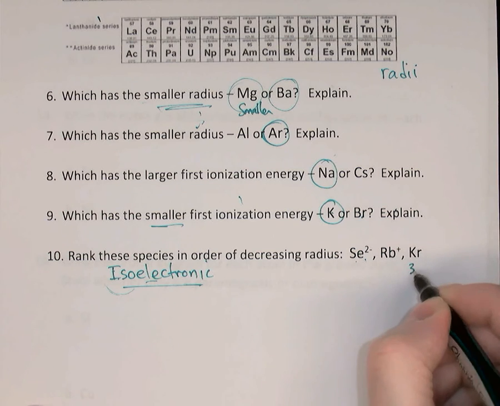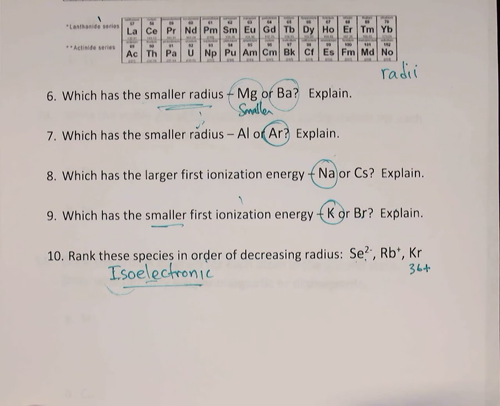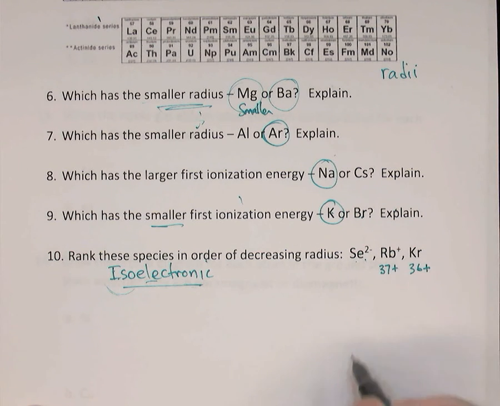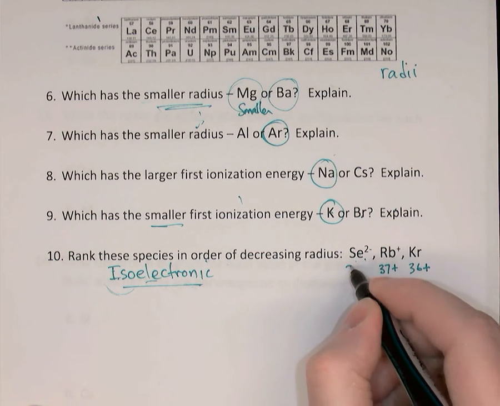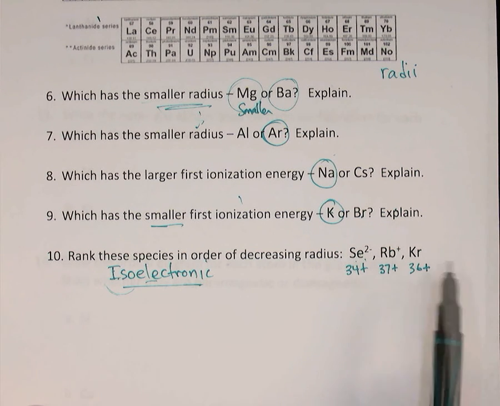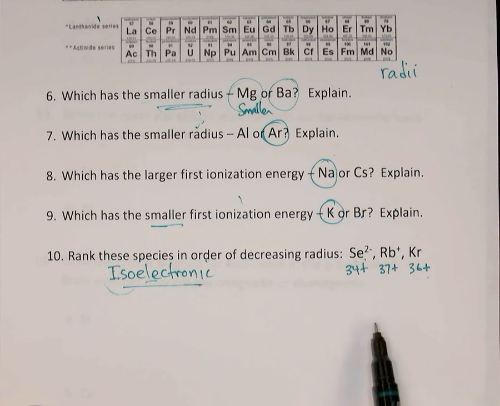Krypton has 36 protons, rubidium has 37 positives, and selenium has only 34 positives. So they have the same electron clouds, but look at their positive charge in the nucleus.